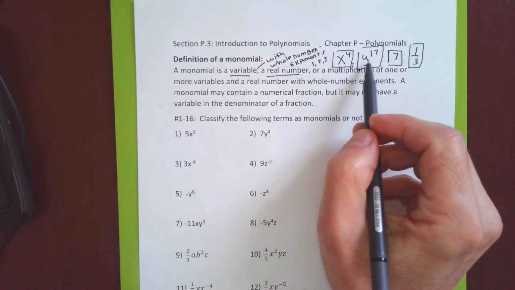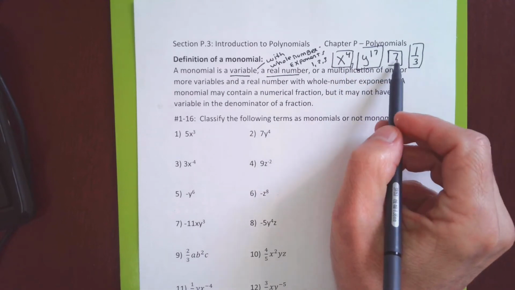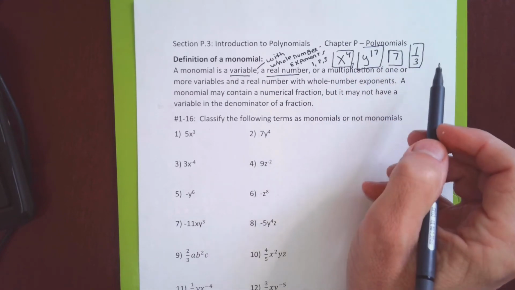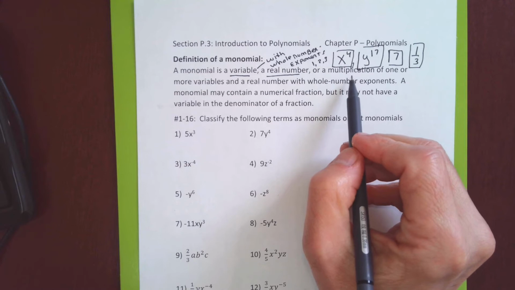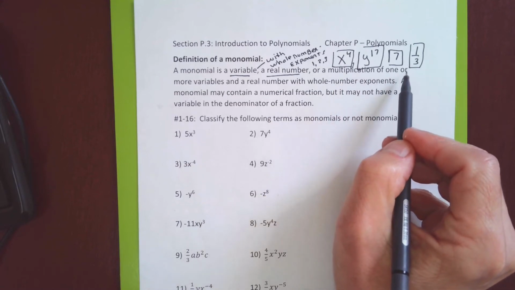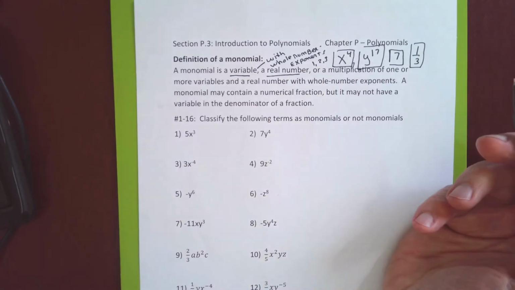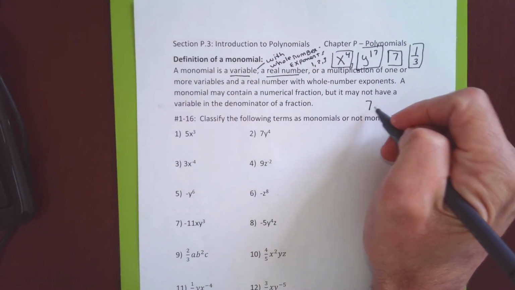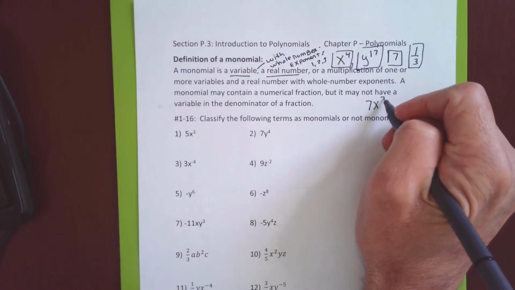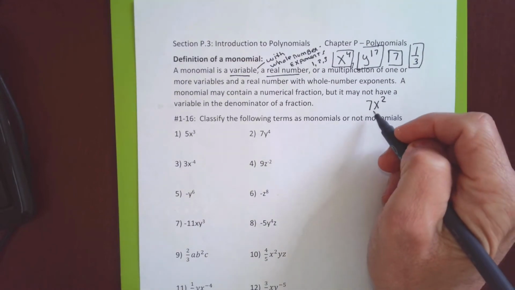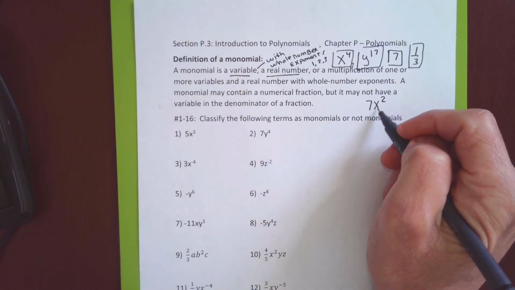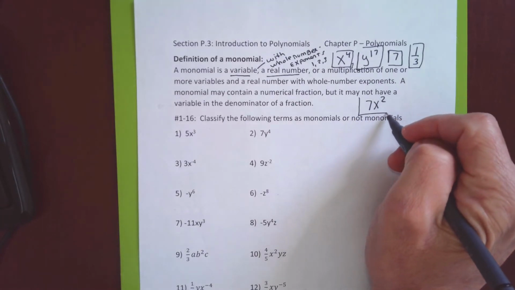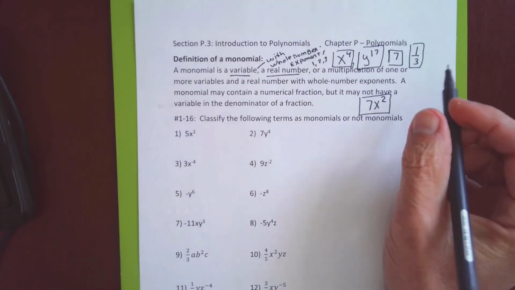This is a single variable monomial, a single number monomial, or it could be a multiplication of one number and multiple variables, like 7x squared. This is a multiplication of a real number times a letter or a variable with a whole number exponent. It's just a single term.